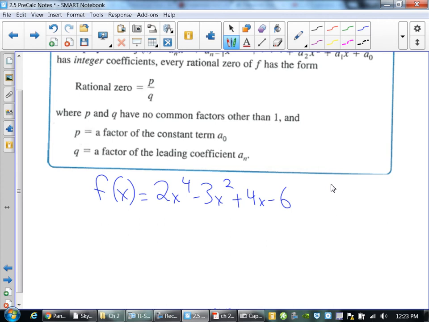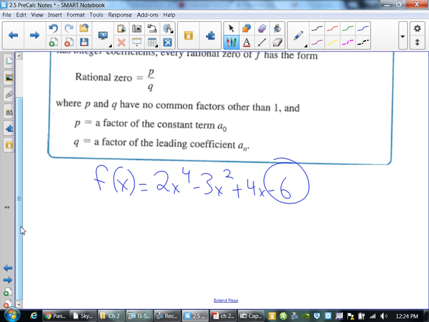When you're using synthetic division, if you don't know where to start, you have to use what we call the rational zeros test, where we take all the possible values of the last term. What are all the factors of 6? All the factors of 6, which we call P: 1, 2, 3, and 6.